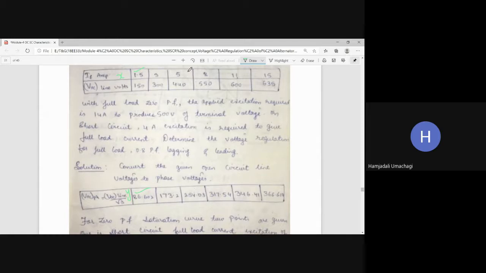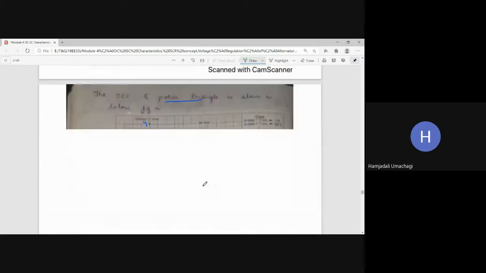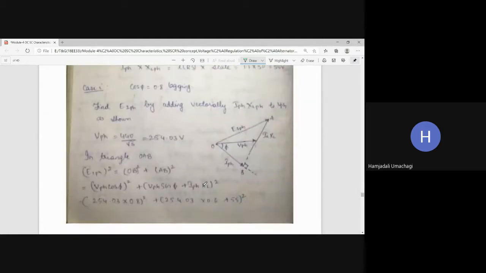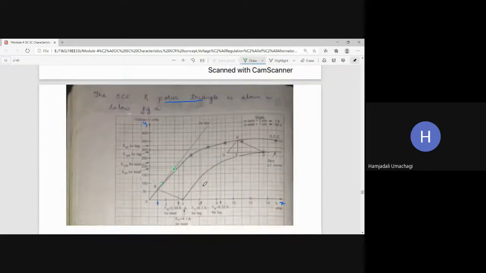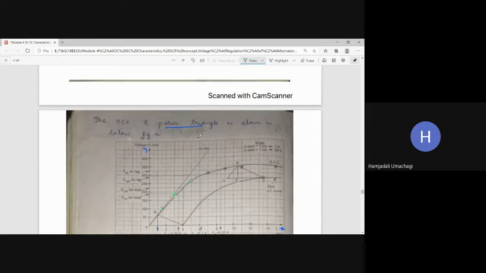This line is 250, and for 5 ampere it is somewhere here. So this will be my next point. Mark this point.